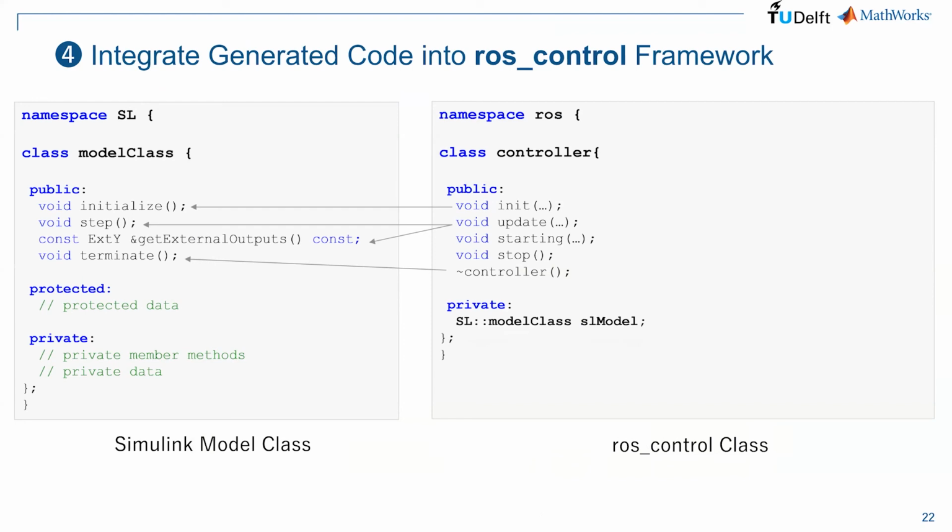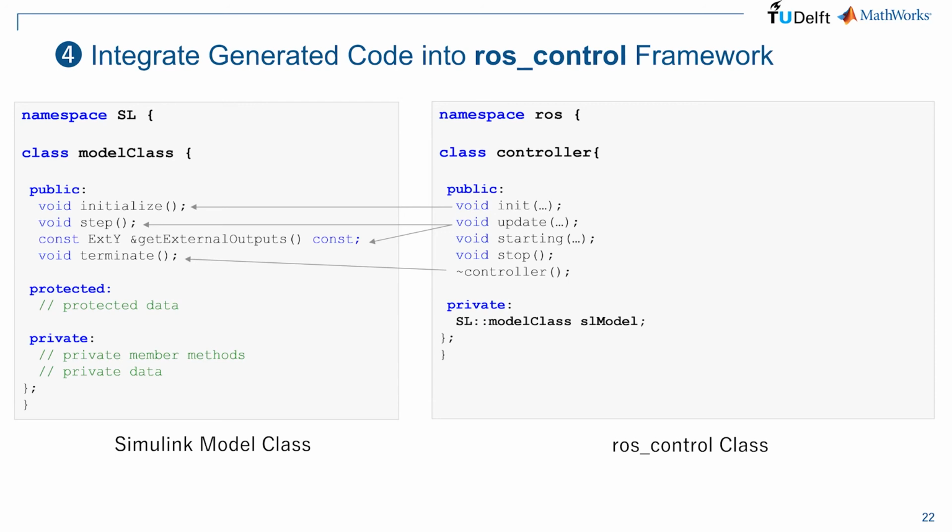On the right is a typical ROS control class. You have to implement some well-known methods, for example, init, update, starting, and stop as part of your ROS controller. In this model, we just instantiate the code generated out of the Simulink model as a member variable of this ROS controller.